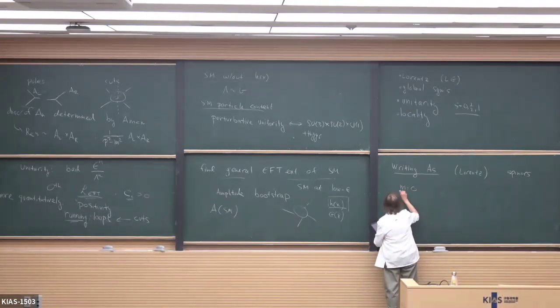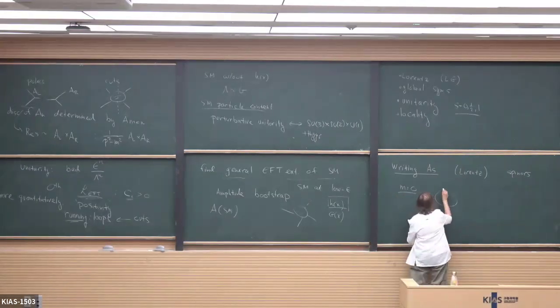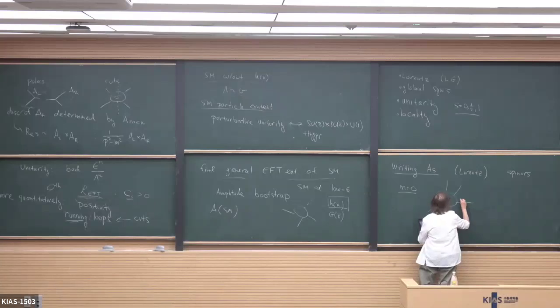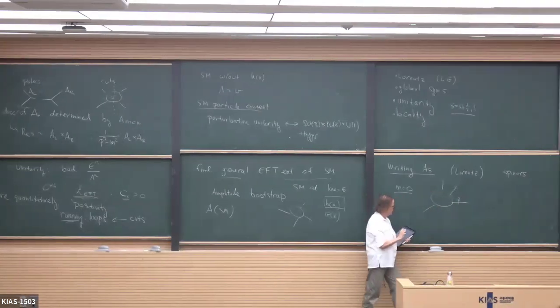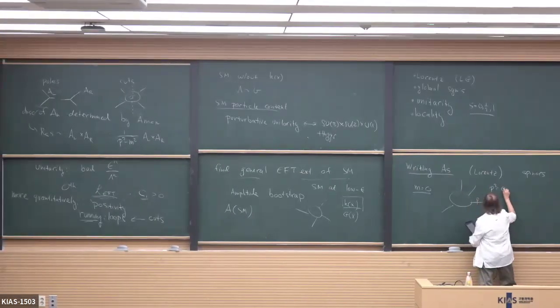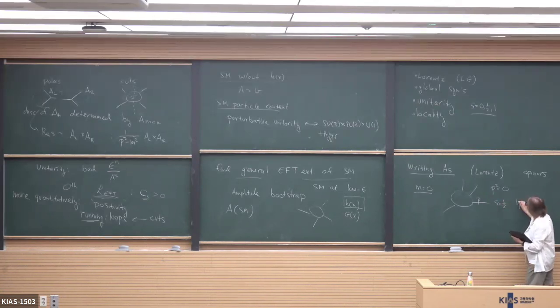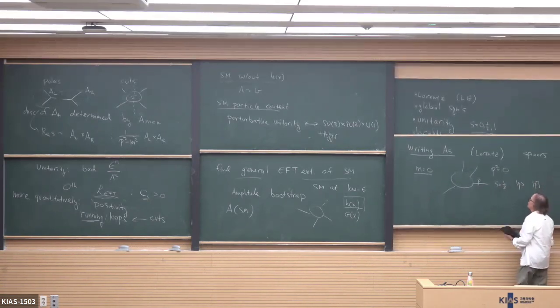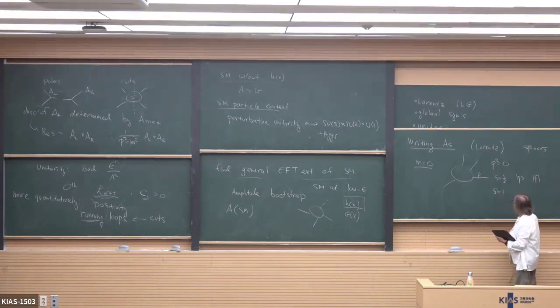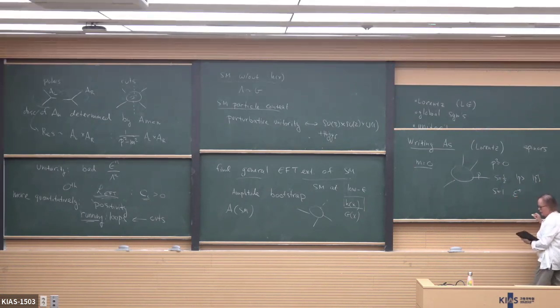But let's quickly review what happens for massless amplitudes. So here's some leg with momentum p, where p squared equals 0. And so we know what to do here. If this guy is a fermion, it comes with a fermion polarization, which is either this type or this type of spinor. And if it's a spin one guy, then it comes with a polarization vector, which we can write as follows. For positive helicity, we can write it like this.